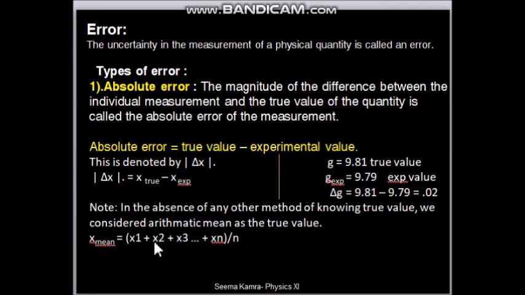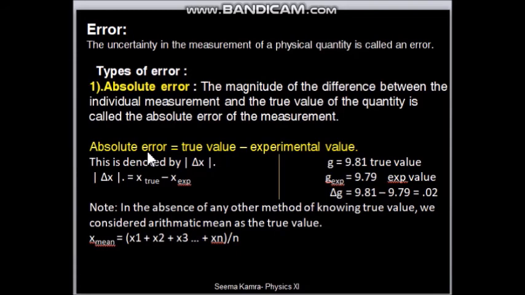So that is the number of measurements we have obtained for the same quantity. Now we don't know the true value of that quantity. Then in that case, whatever is the mean of all that experimental data, that only we use as the true value. So it is the exceptional case. Otherwise, always true value minus experimental value will be the absolute error.